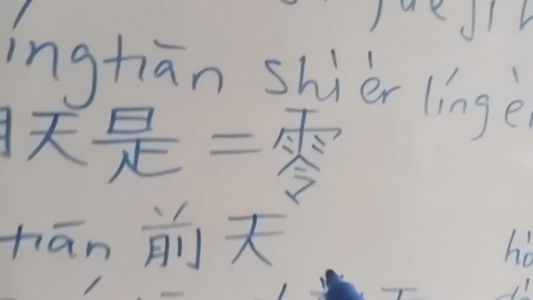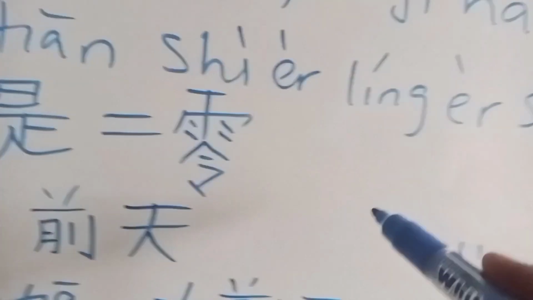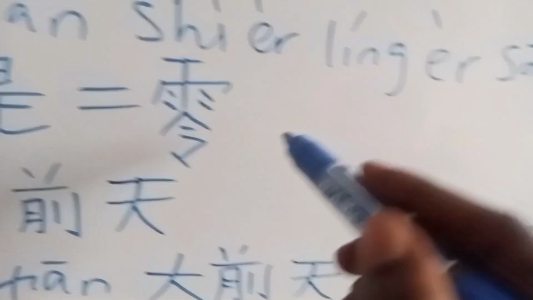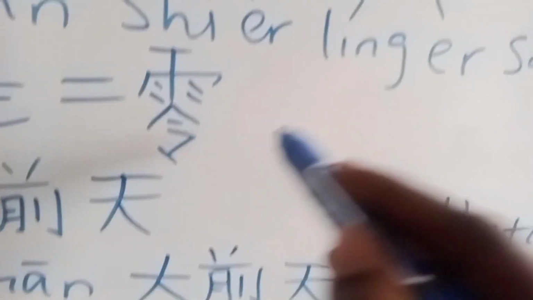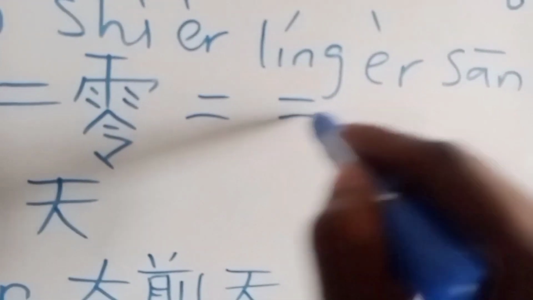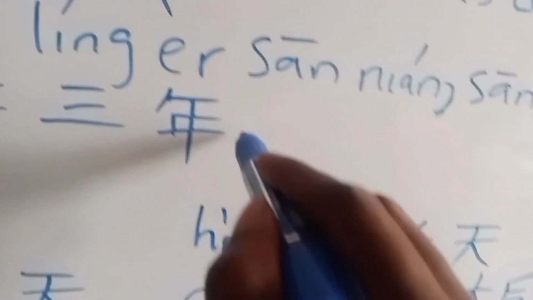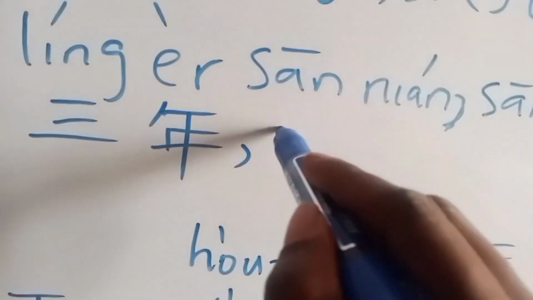You see how easy it is for me to write it. That is because I'm writing from my head. I have written it so many times, they have stuck in my head. Ling, san, nian, san yue, san yue.